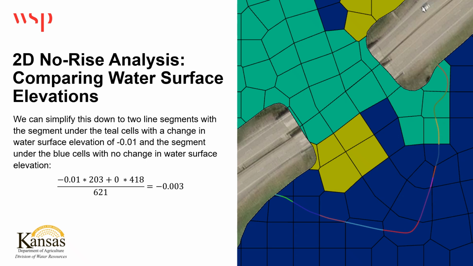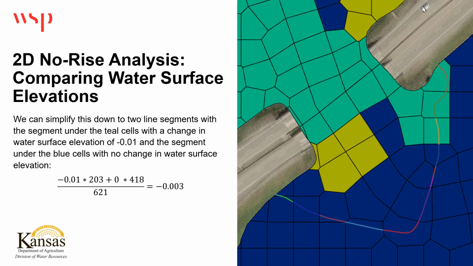For our example here, we can actually simplify this into just 2 line segments. The segment that is over the teal colored cells has a difference in water surface elevation of negative 1/100th of a foot. And then the dark blue mesh cells have equal water surface elevations between the existing and proposed conditions, so our change in water surface elevation is 0.